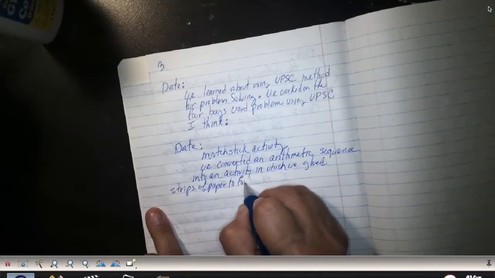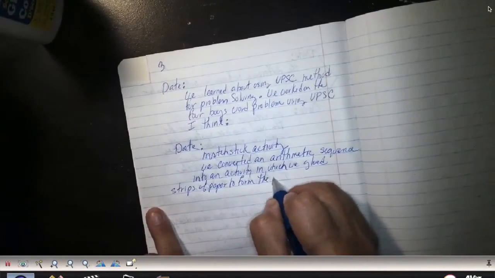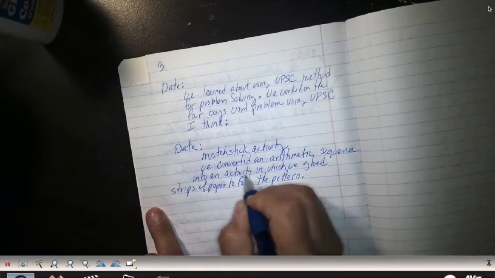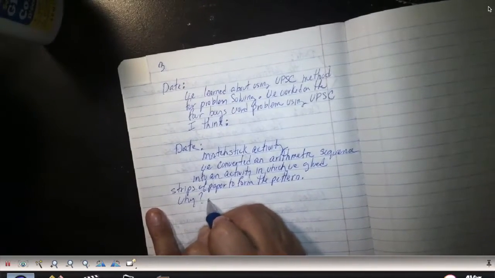How's that? To form the pattern. Why? Pattern. So that's the important part.